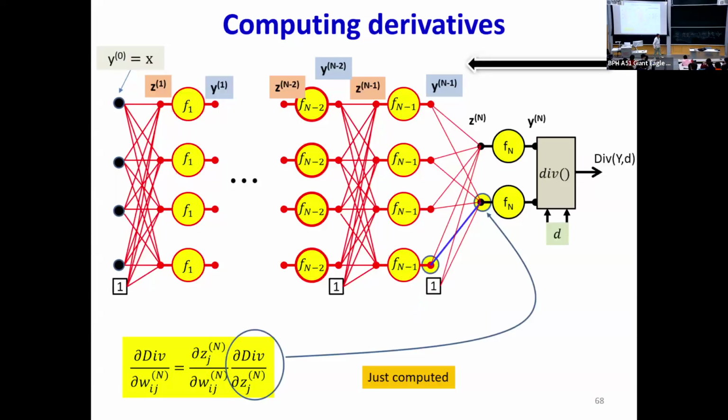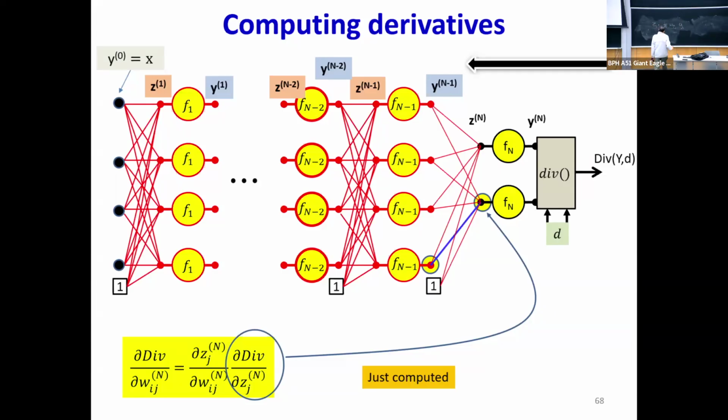So we have this. Now, what is the second term? What is the derivative of zj with respect to wij? If you look at this, I'm just going to draw the final layer. So zj, for this neuron over here, equals the summation over all i prime of wi'j times yi', so basically I'm summing over all of the inputs.